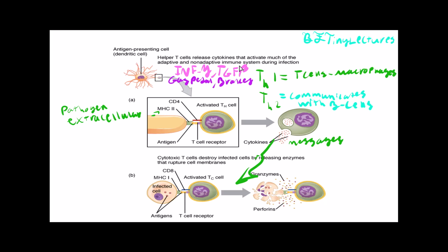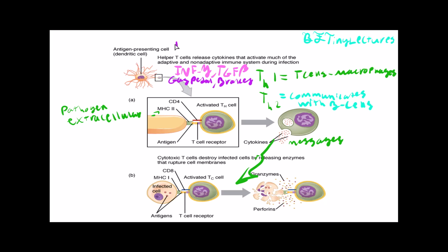And transforming growth factor, it's really complicated. You can write a whole paper on transforming growth factor because it's really related to tumor suppressing. We use transforming growth factor beta to decrease the amount of cell reproduction. Sometimes transforming growth factor beta can increase cell production, but it's really complicated, and for right now we're just saying that TGF-beta will decrease immune responses and cell division, while interferon gamma is going to increase immune response and inflammation and will help us get rid of pathogens.